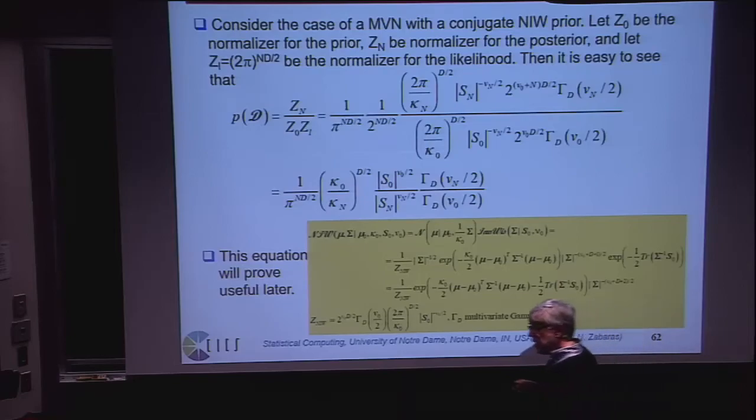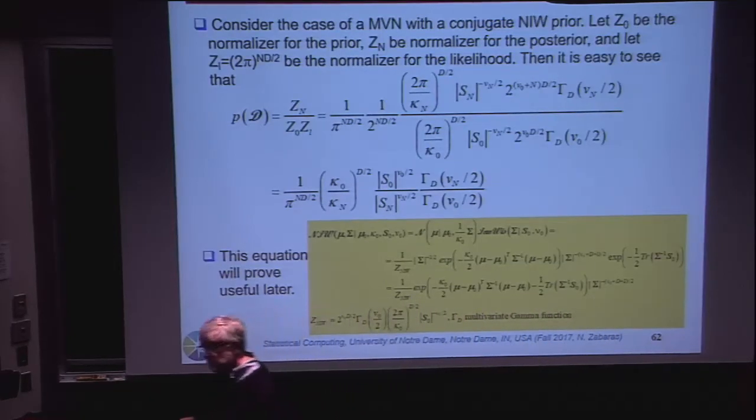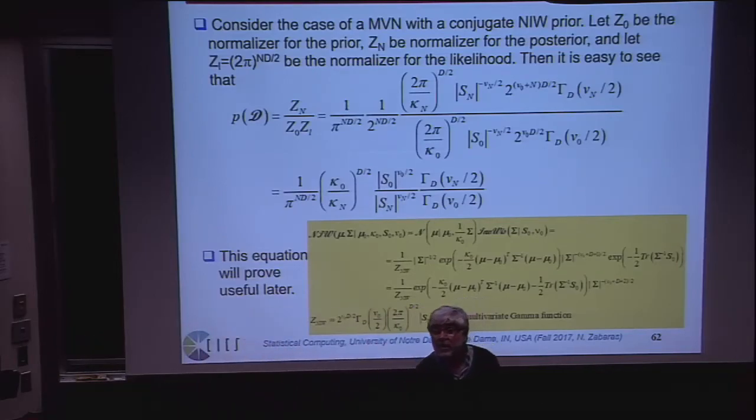Both the mean and sigma are unknown. No, those were the marginals. Normal inverse, not gamma because it's multivariate, inverse Wishart. Okay? But in 1D it is a gamma.